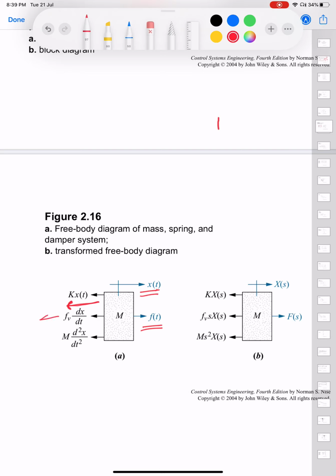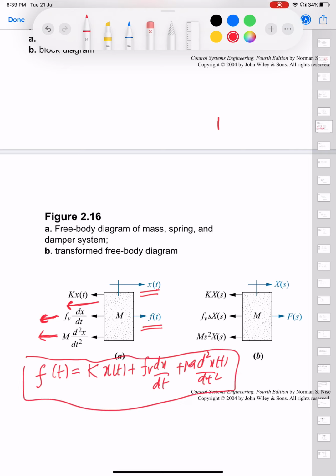Similarly, the damper is going to exert a force in the negative direction. It is going to resist motion, and of course, you also have this mass, which will resist motion. So basically, your f(t) is equal to k x(t) plus Fv dx/dt plus m d squared x(t)/dt squared. So this is the differential equation governing the mass spring damper system.